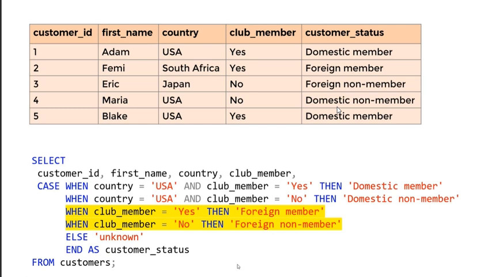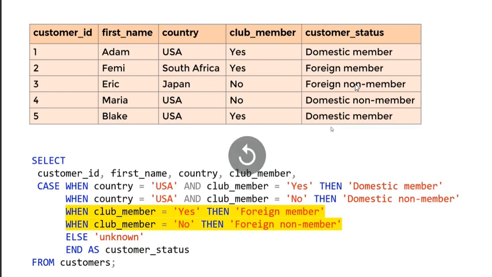Because the when clauses get evaluated in order, once we reach the third and fourth when clause, we can assume that these customers are not from USA, because we already dealt with those customers in the first two. USA customers we already dealt with, right? So USA related customers we already dealt with in the first two conditions, right?